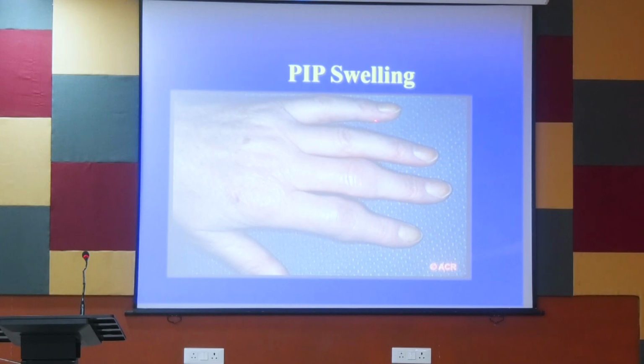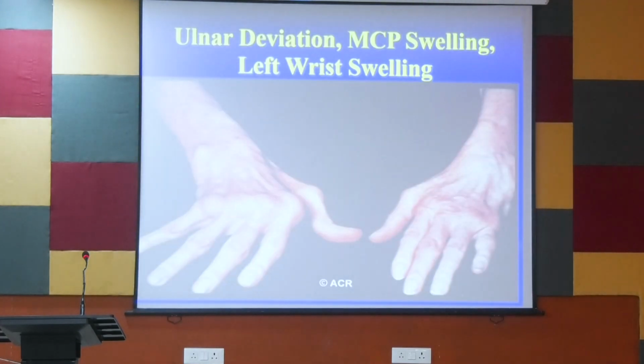See, there is no involvement, no swelling of the distal interphalangeal joint. Right? So there may be ulnar deviation of the wrist and metacarpophalangeal joint swelling and left wrist swelling.